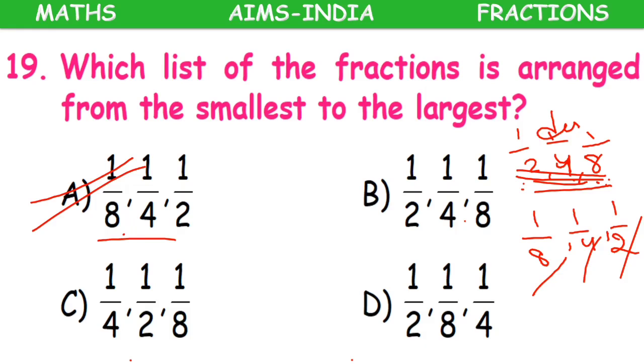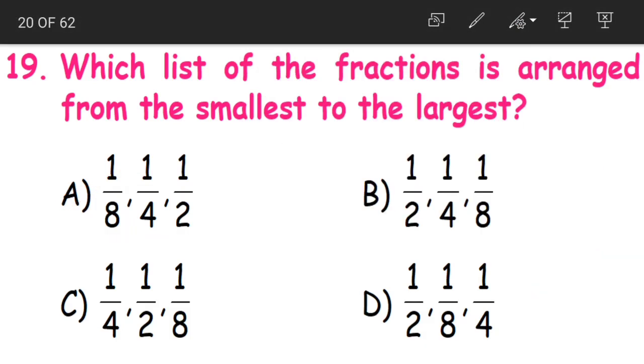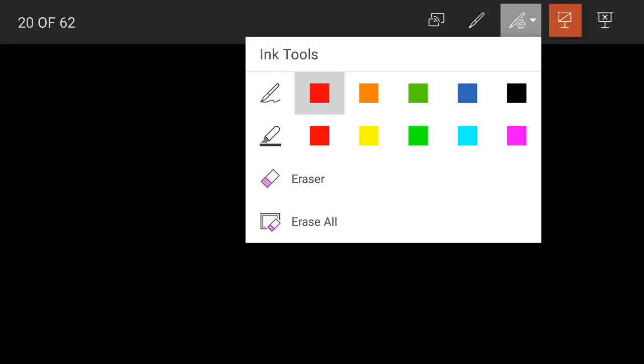So again if you get confused between this, just draw a figure like I said. Compare 1 by 2 and 1 by 4. This line should be drawn in the middle. Which is the smaller one?